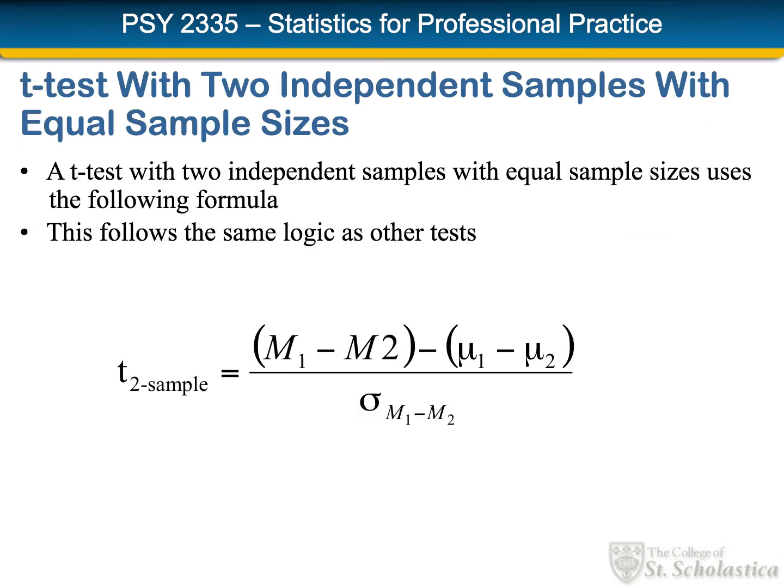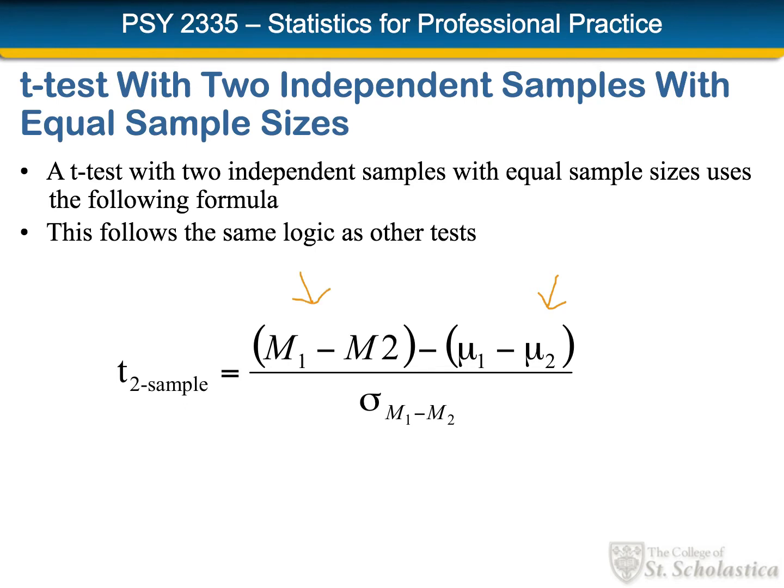Let's look at our equation for the two-sample t-test. It looks a bit daunting when we see this equation, but if we just take it apart piece by piece, we'll see that it makes quite a bit of sense. Notice that the numerator has two parts, one that deals with the population's parameters and one that deals with the sample means.